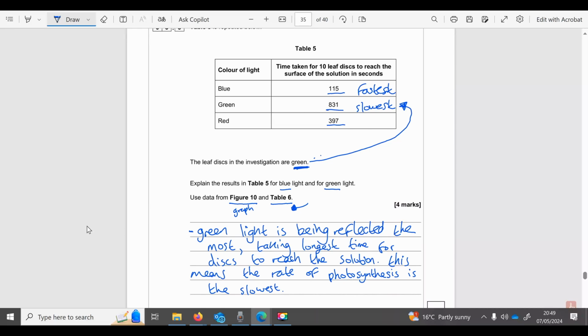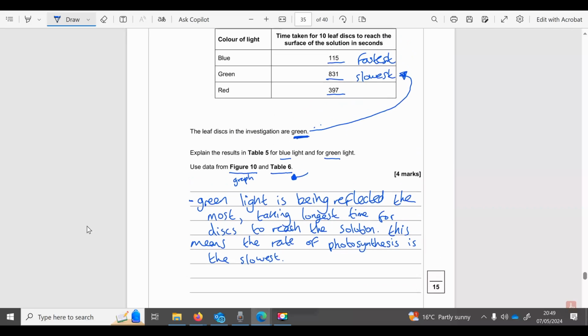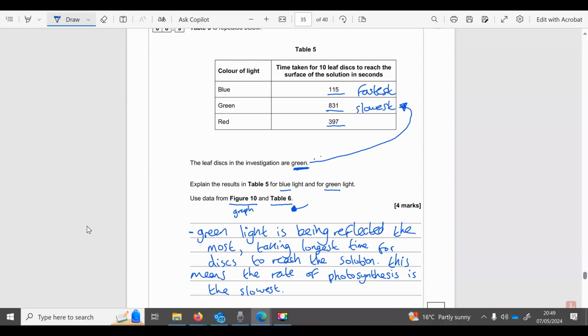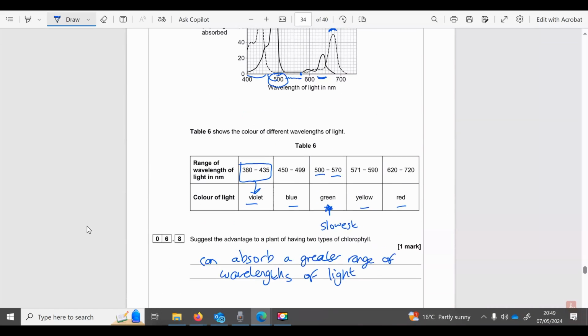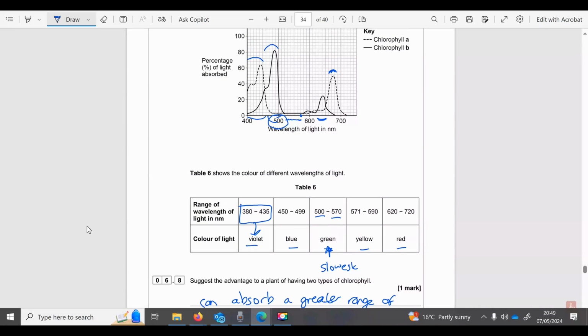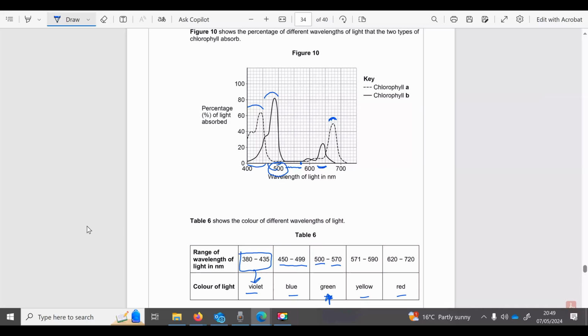We then have to talk about the blue light. So let's do the same analysis now. Blue light, fastest, 115 seconds. Going back to our table 6, blue light has the range 450 to 499. Let's find that in the graph. 450 to 499, just before 500.